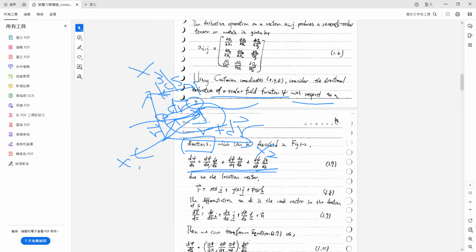So it describes x, y, z. All of these are functions of s. That's an important concept. We will use this concept later.